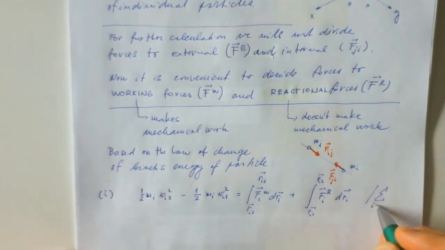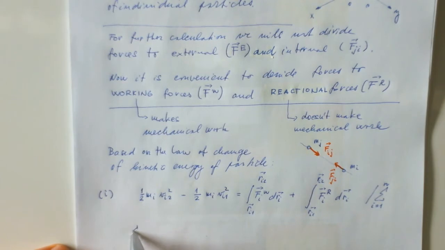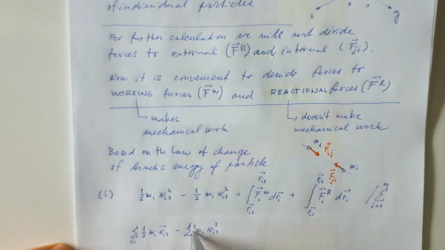So if we sum these equations from 1 to n, we get sum of this over i minus sum of kinetic energies at the beginning of the state, and it is equal sum of integrals of Fi working forces dri from i is 1 to n.